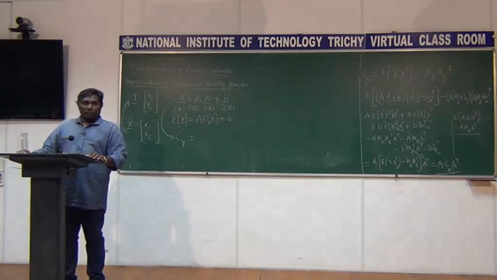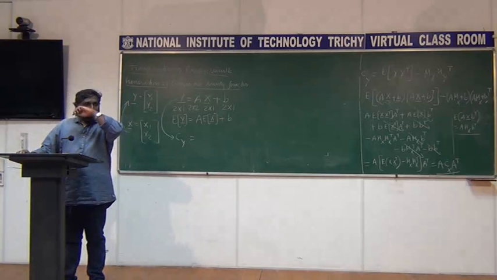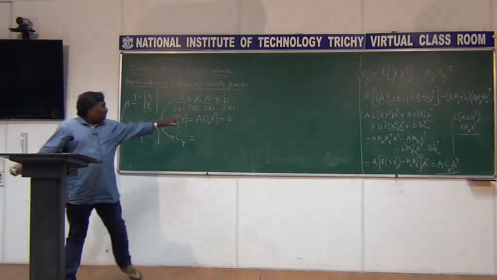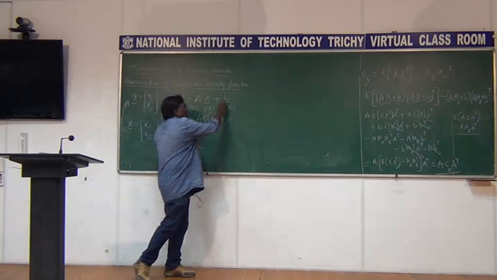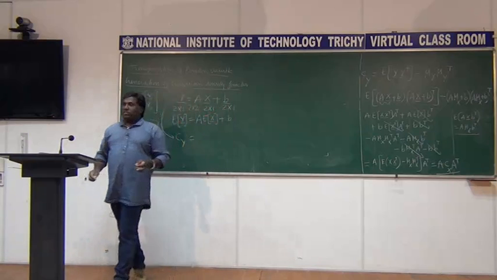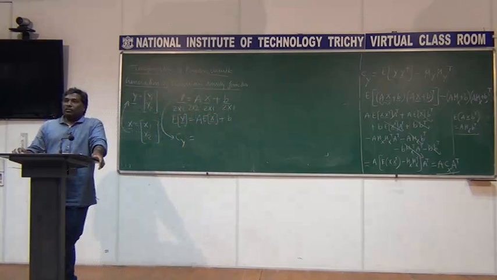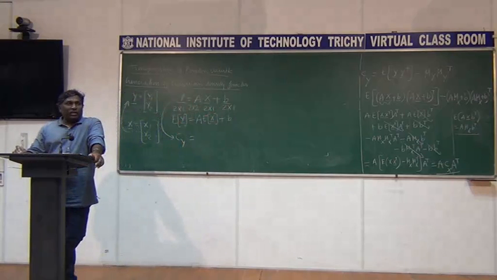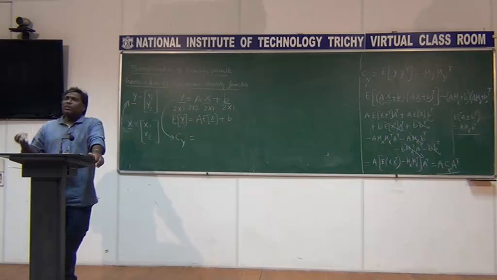It doesn't have b. The covariance matrix is not affected by this vector b. It depends only on the matrix A.